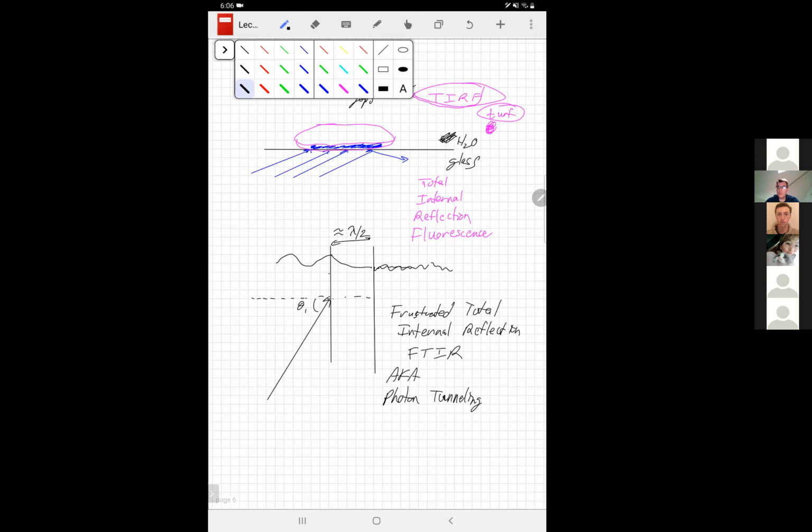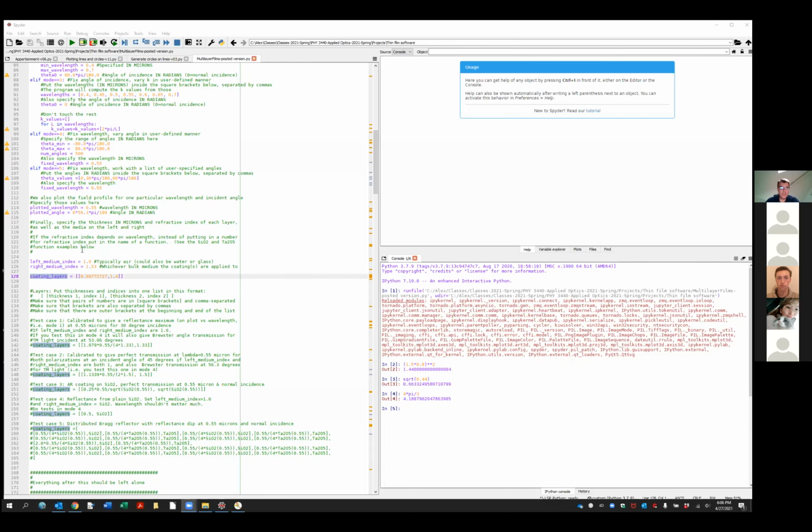So we can go to our program and we could set this up. I'm going to make my left medium something with a high index, let's say 1.8. I'm going to make my right medium glass.